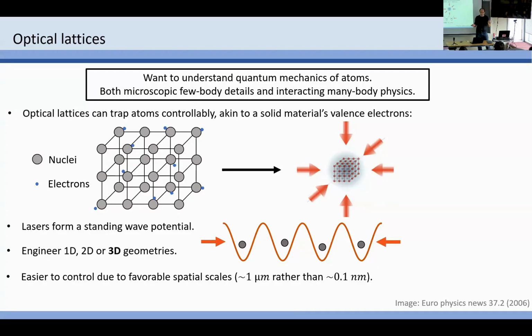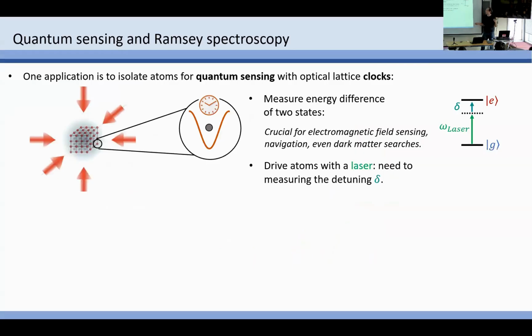But before thinking about any sort of many-body applications, one of the earlier applications optical lattices were considered for is quantum sensing with something like optical lattice clocks. People are probably familiar with this, but just in case, the basic idea is that I want to measure the energy difference of 2 internal states of an atom, e and g, which is crucial for things like electromagnetic field sensing, navigation, and maybe even dark matter searches, but don't ask me too much about that.